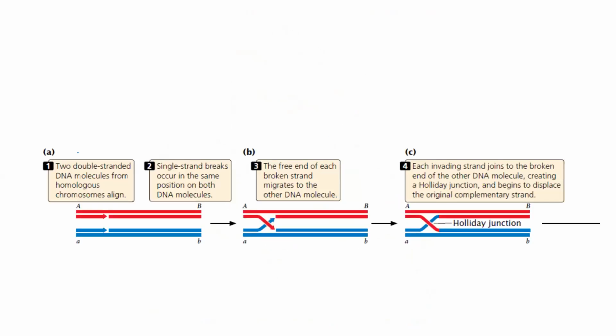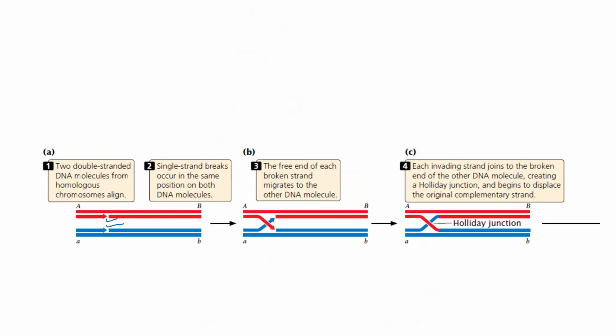The same Holliday model, this is from the reference book, Molecular Biology of the Gene by James Watson. The same diagram is from another book as well in the PPT, which is from Benjamin Pierce. And you can see this is a similar thing. The diagram is from a different book, but the process remains the same, that the 2 double-stranded DNA molecules from homologous chromosomes align. Single-stranded breaks occur in the same position on both DNA molecules.